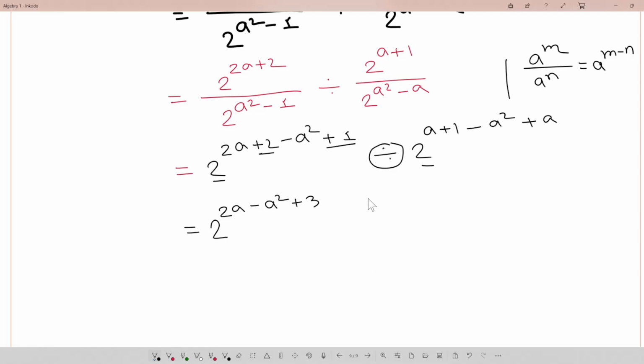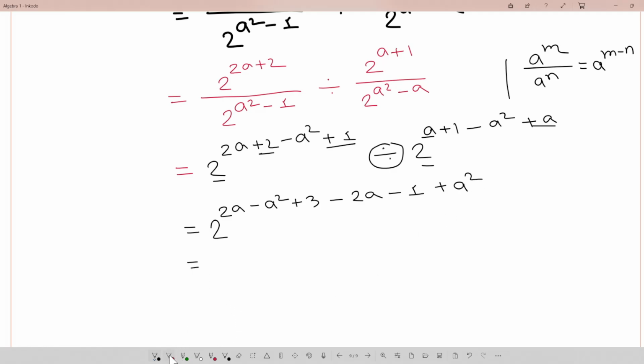Then minus, here is a plus a and plus a, it will be 2a, and once we subtract it means minus 2a, plus 1 becomes minus 1 and minus a square becomes plus a square.